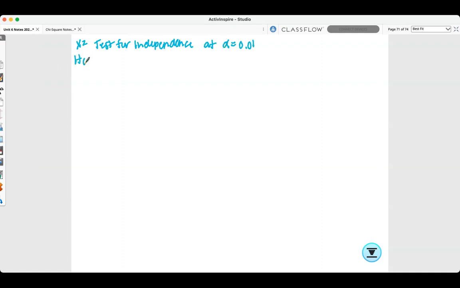Our null hypothesis: no association between flavor preference and school level. Our alternative hypothesis is there is an association between the two.